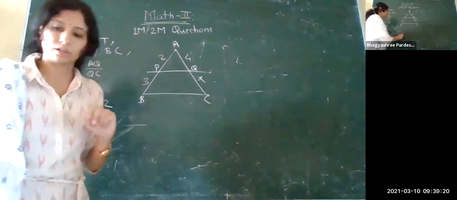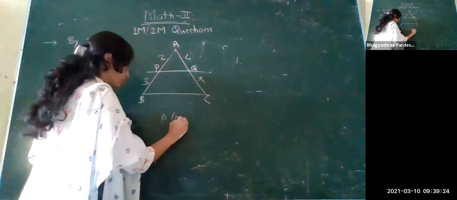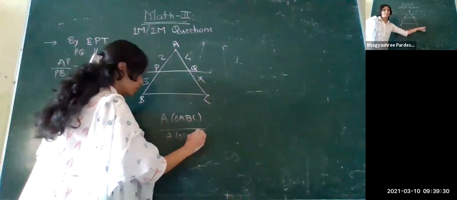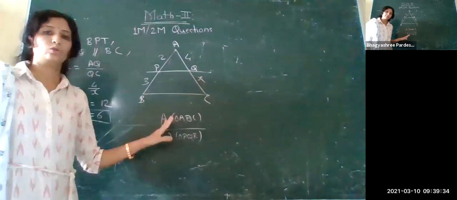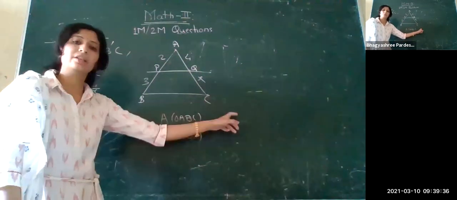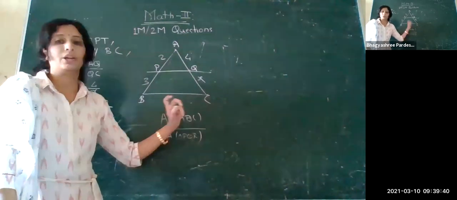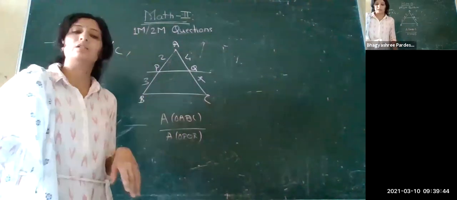Area of triangle ABC upon area of triangle PQR is base into height by base into height, the ratio of corresponding triangles. Again, if the base is same, it is height upon height for both triangles. If height is same, it is base upon base. So do these 3 corollaries very well. On this also, most of the questions are asked.